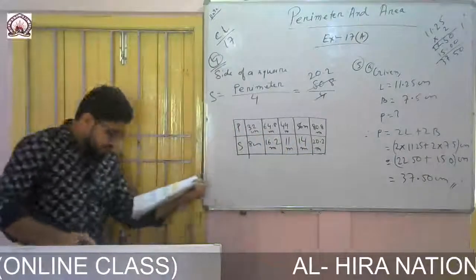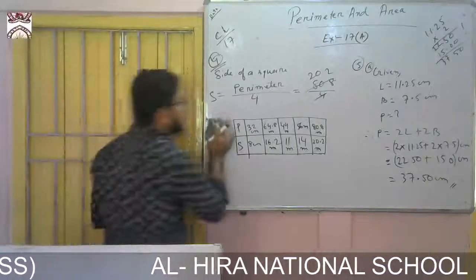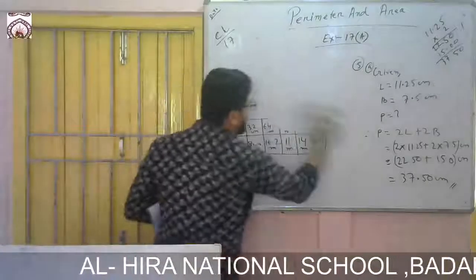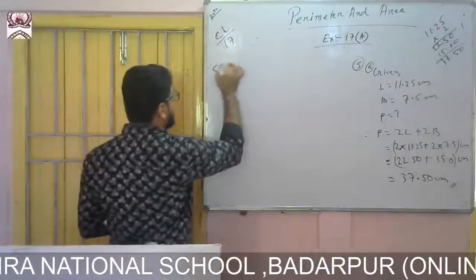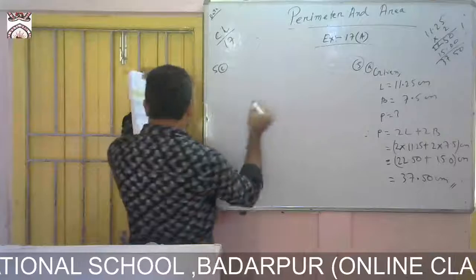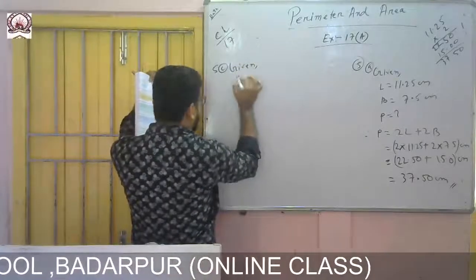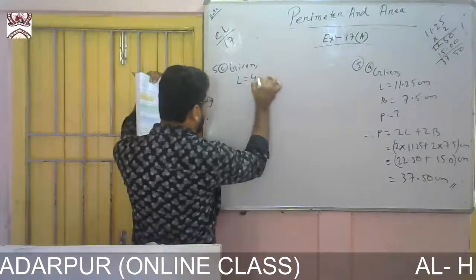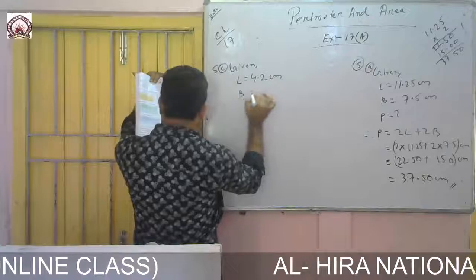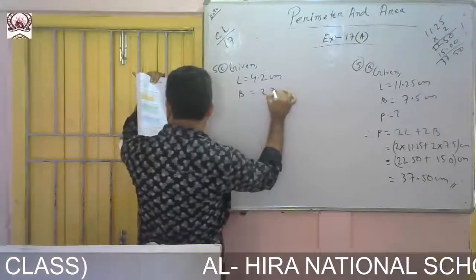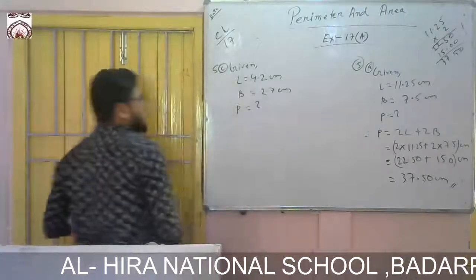Now I am solving question number 5c. Given L equals 4.2 centimeter and breadth equals 2.7 centimeter. We need to find the perimeter.